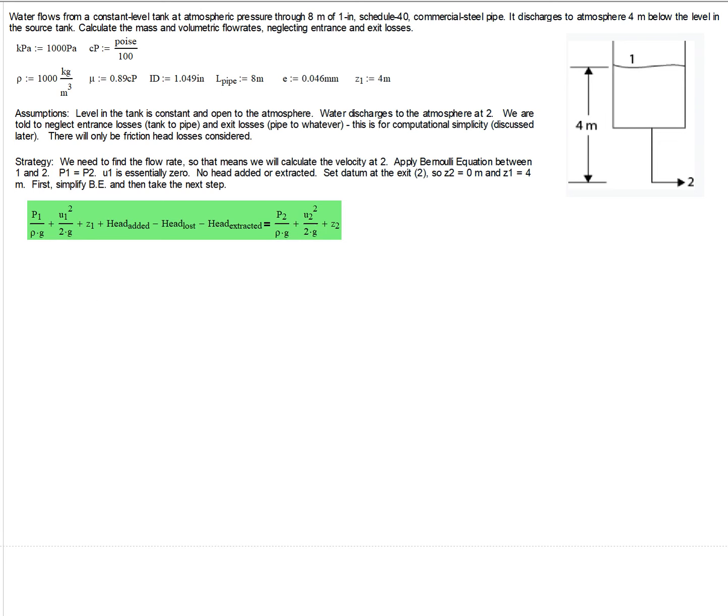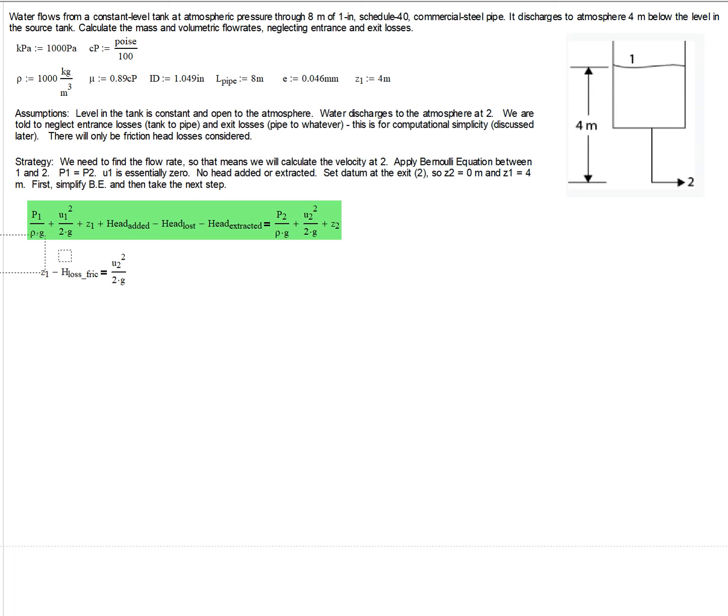And so if we take these assumptions and apply them to our Bernoulli equation, this is what we get. We are using Z2 as the datum, and so Z1 is going to be 4 meters. We have head loss due to friction, and that is going to have to equal the velocity head at position 2.